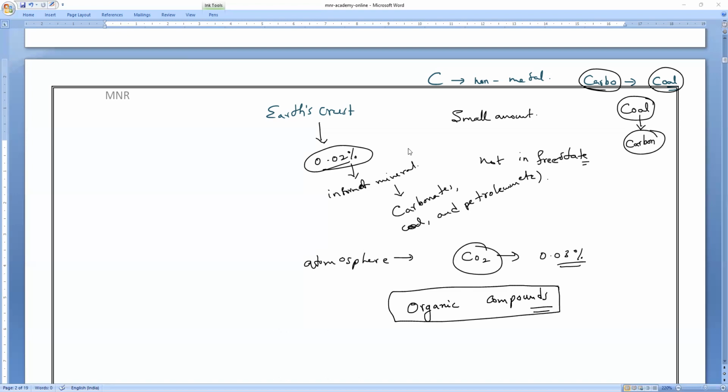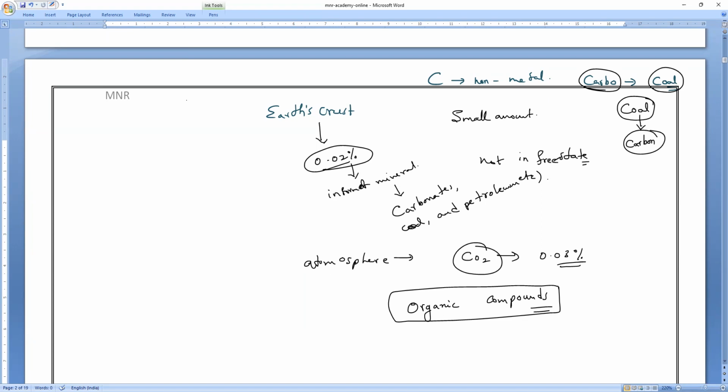Just imagine if there were no carbon, these items would never be available. 99% of the substances we use in our daily life are definitely carbon containing compounds. The percentage of carbon is extremely small, but the importance of carbon is extremely high. Nothing can be defined without carbon.